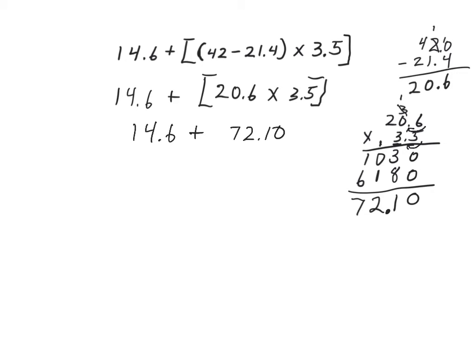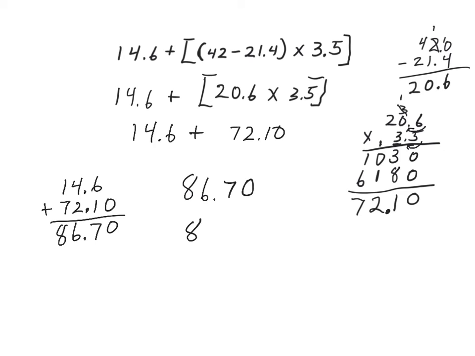And now we have to add 14 and 6/10 to 72 and 10 hundredths. So when we add, we line up the decimals. We have 0, 6 plus 1 is 7, 4 plus 2 is 6, 7 plus 1 is 8. So it's 86 and 70 hundredths, or we could write 86 and 7/10.